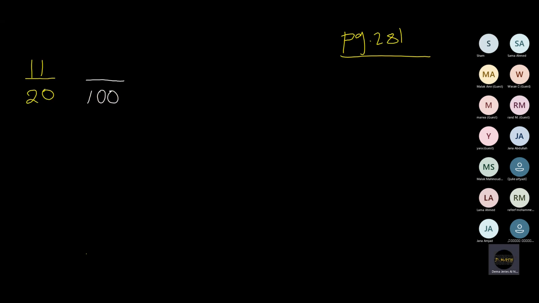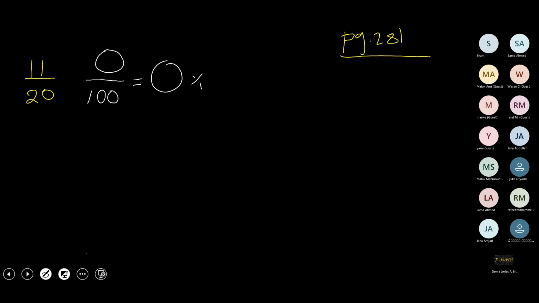In order to write this number as a percent, what is the number that you multiply by 20 to get 100? Who can tell me? Yes, 5. So when I multiply 20 by 5, I get 100, and I will multiply the numerator by 5. 5 times 11 is 55.